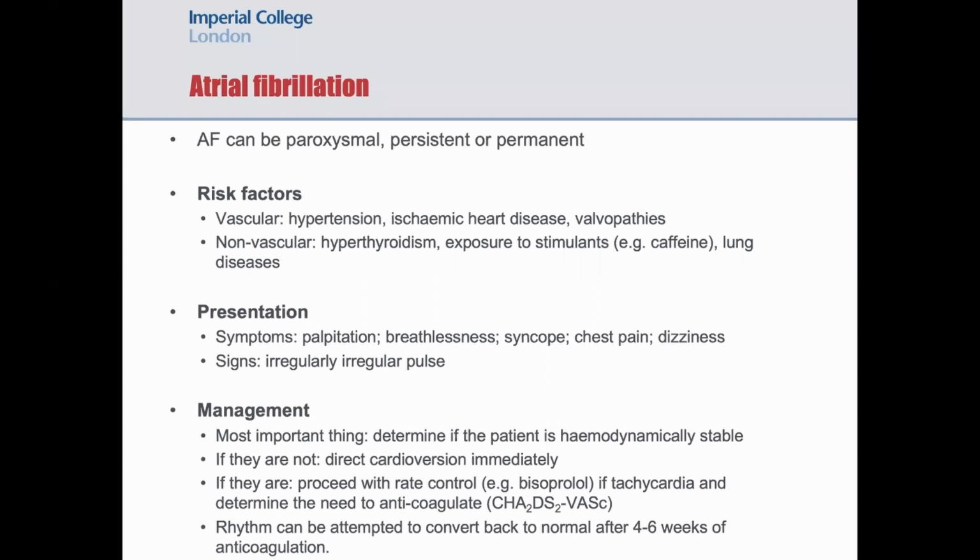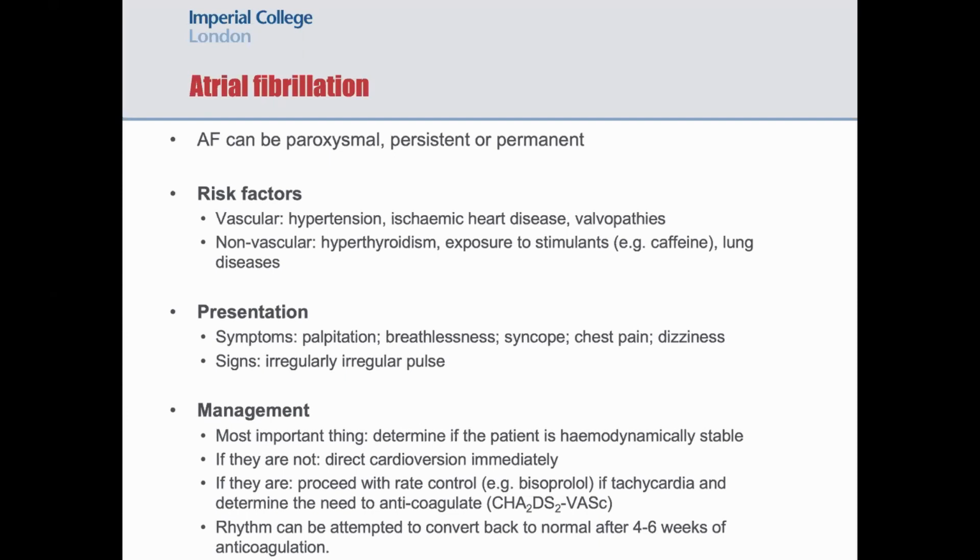Management wise, very briefly, when you're in AF there are two pathways that can occur. The patient can be haemodynamically unstable. That means they're not maintaining their blood pressure, they are extremely tachycardic and short of breath, so their organs are not being perfused properly and they risk end organ damage.